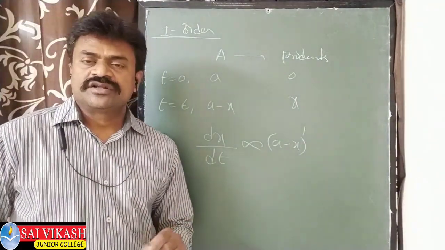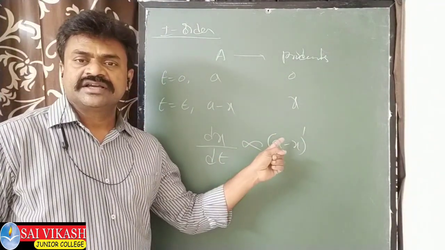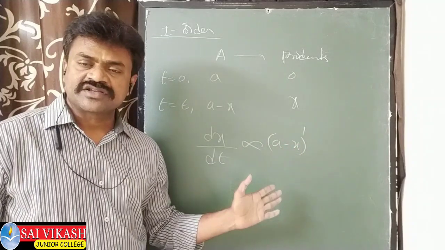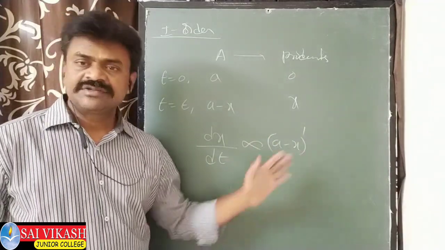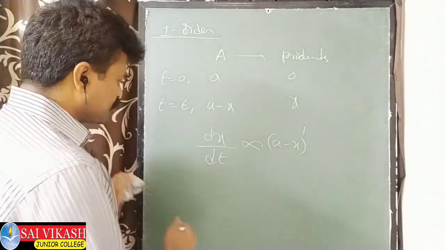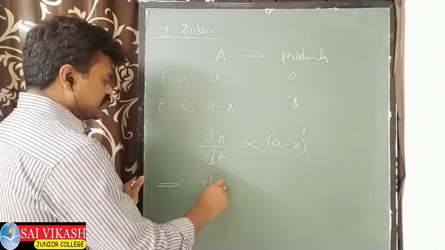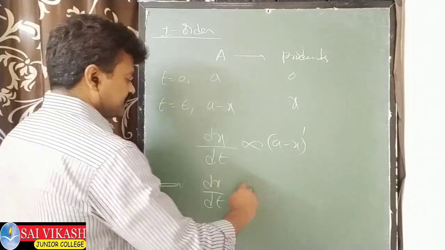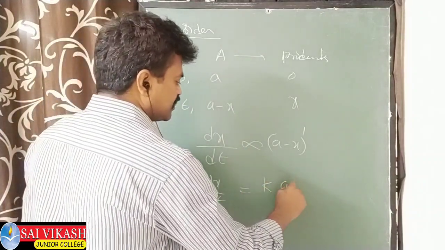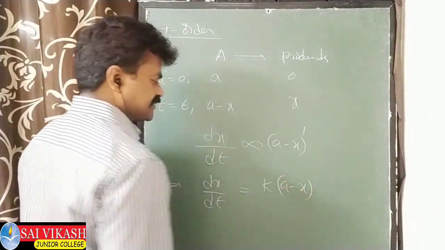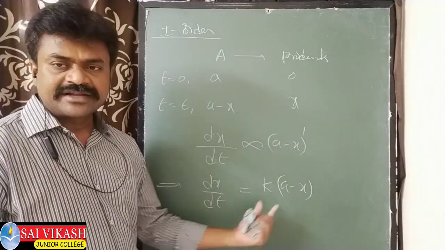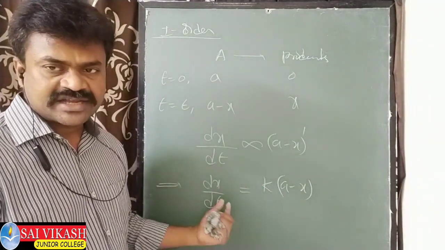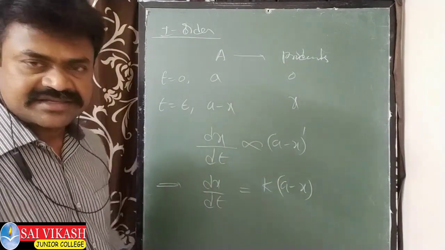In the zero order, I took 0. Now in first order I am taking power 1. Let us remove the proportionality here also, so you will get dx by dt equal to k into (a minus x) power 1. Now I am writing all x terms on one side and all constants on the other side.